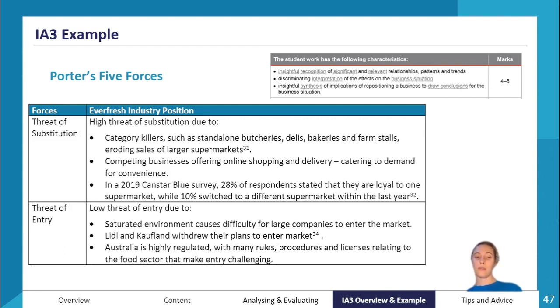So in this case, for example, I found that CanStar Blue did a survey and found that 28% of respondents said that they are loyal to one supermarket, while 10% switched to a different supermarket in the last year. So that relates to that idea of how likely it is that people are going to substitute one business for another.